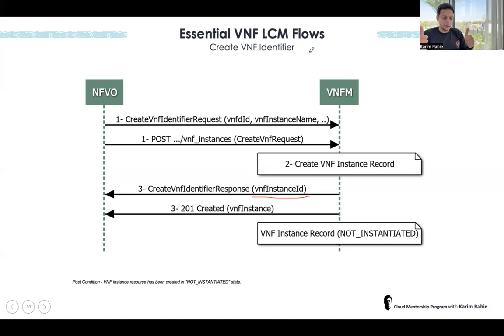The VNF instance ID is shared with the NFVO, and the VNFM sees the VNF as not instantiated. It is there as a record, but it is not instantiated. What will be the next stage is to instantiate the VNF. Okay, so that's the first initial step in the lifecycle management of the VNF.